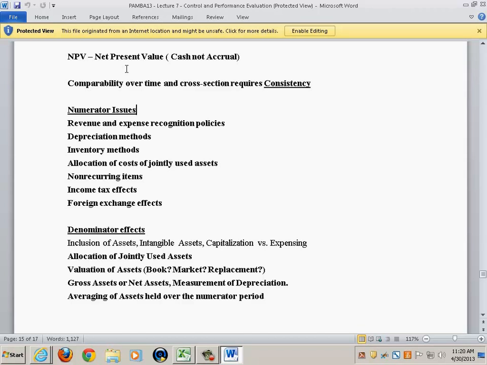That is one important method, and any choice in method is going to affect the earnings. Depreciation methods are, for example, very important. Do we use economic depreciation or do we use accounting depreciation? And if we use accounting depreciation, what kind of method do we use?